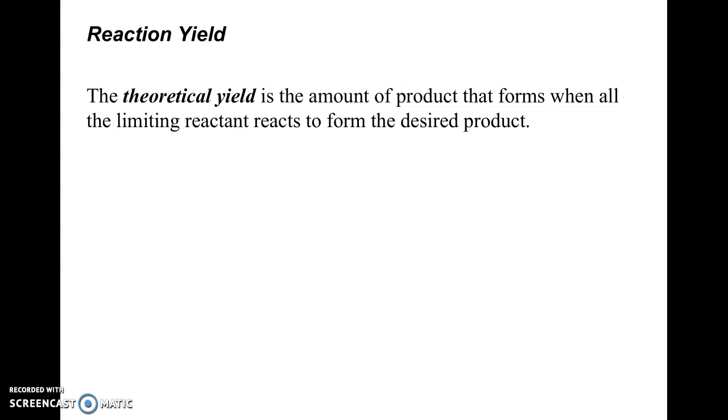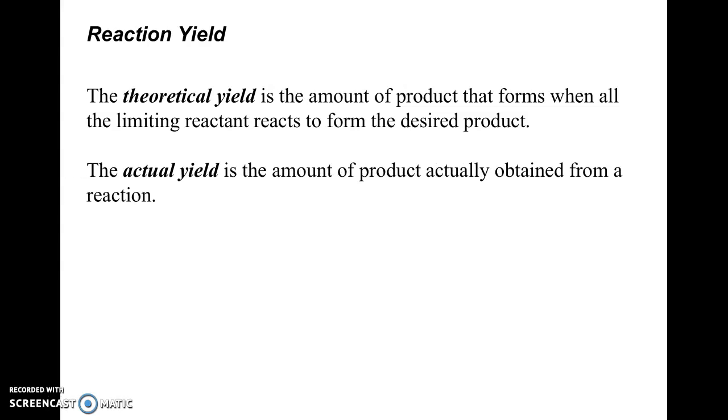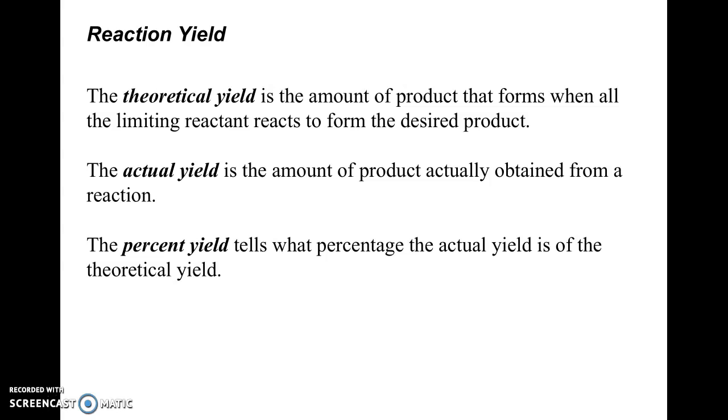All right, the last thing we're going to talk about is reaction yield. The theoretical yield is the amount of product that you should get. However, you very seldom get all that. And so there's an actual yield you compare to that theoretical yield, because if you're trying to produce a product, you want your actual yield or your reaction yield to be as high as possible.